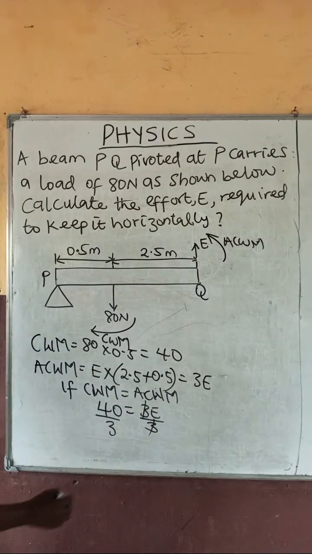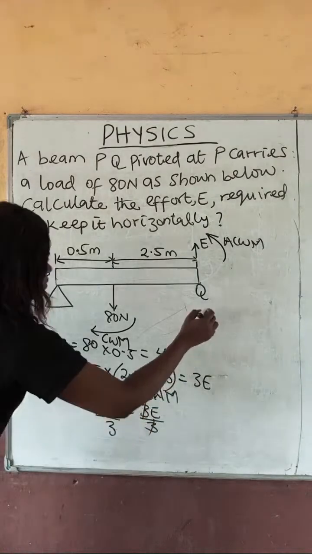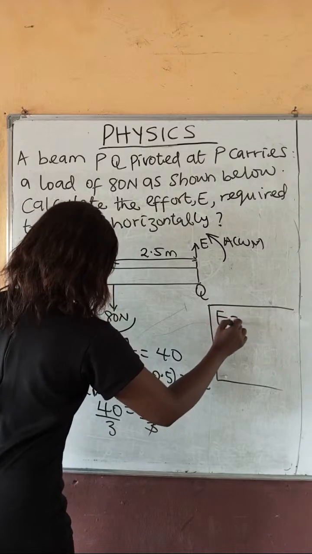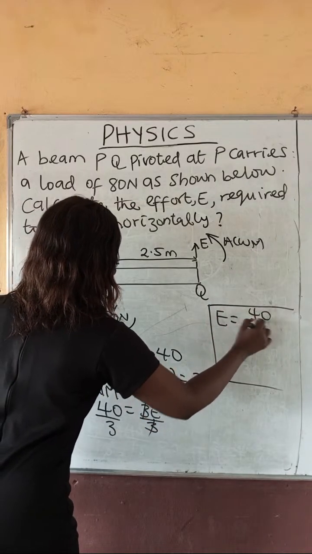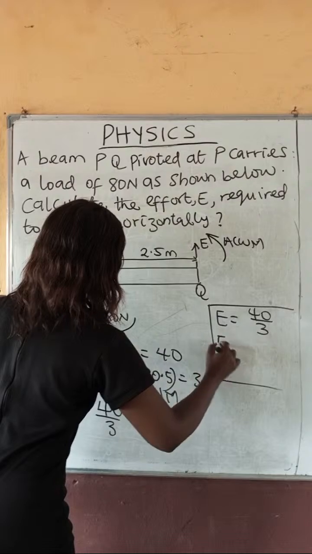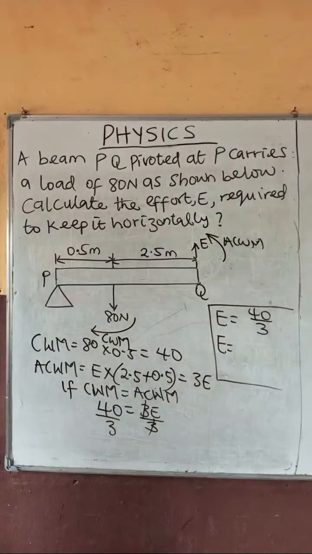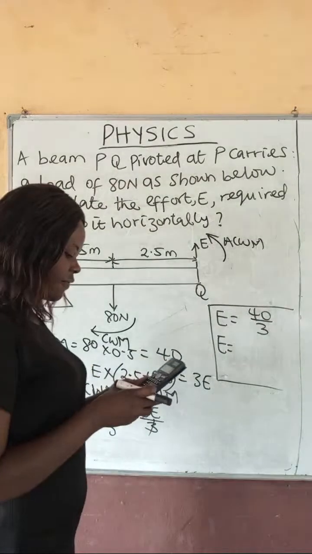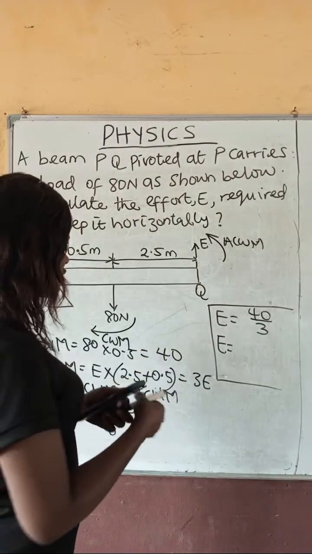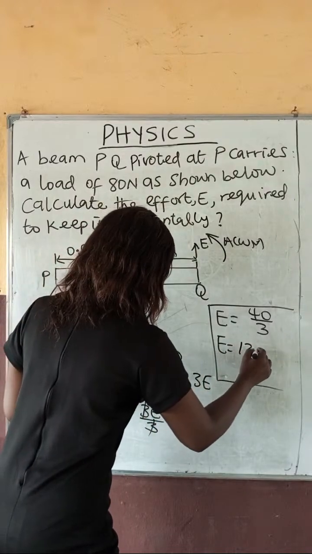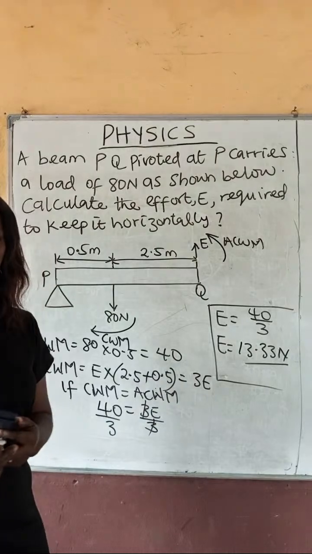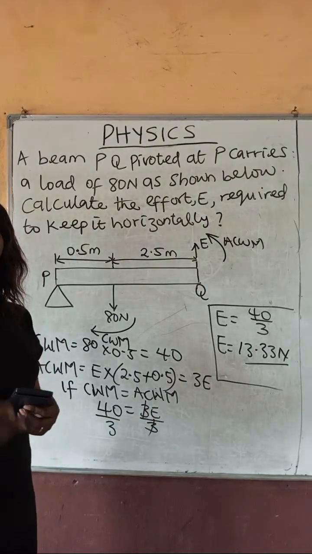Therefore, E is equal to 40 divided by 3. With our calculator, 40 divided by 3 gives 13.333 Newtons. Did we get it? Right.